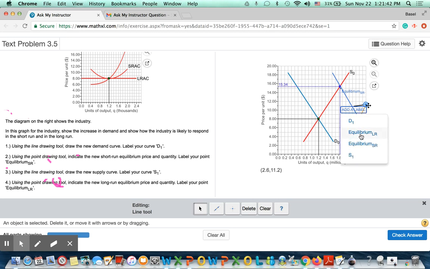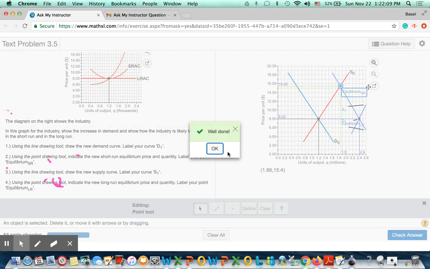Okay, this is the long run. This is the supply, S1. And now we label the demand. So it should be right here, labeled equilibrium. This is the long run equilibrium. Let me just correct this one. I'm just going to move it a little bit around here. Okay, and then you check your answer. Here we go.